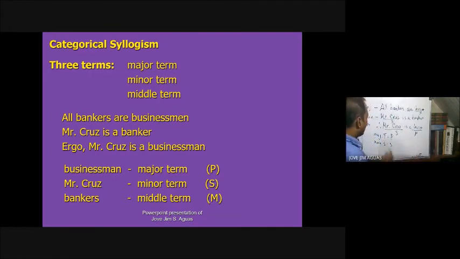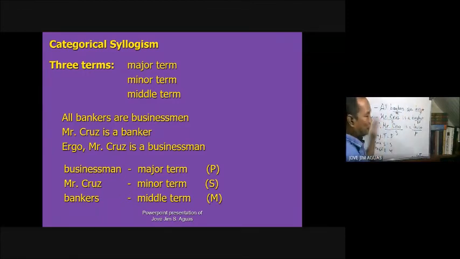Then, the third term is the middle term. That is M. And the middle term is the common term in the premises. Banker. So this is M and this is M. So, I repeat, the major term is always the predicate of the conclusion. And it is also found in the major premise here, either on the predicate side or on the subject side.